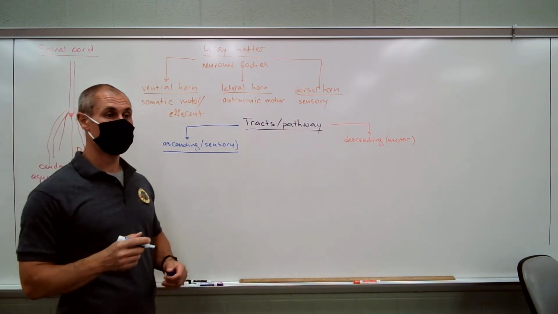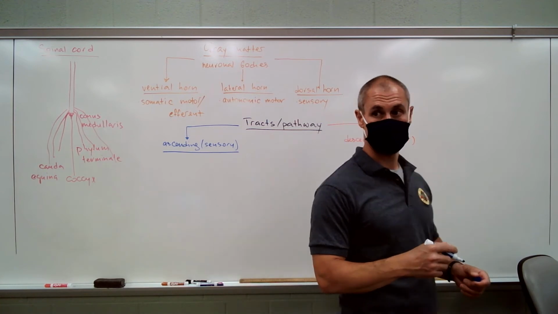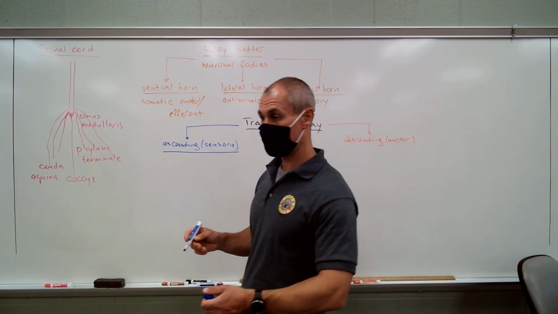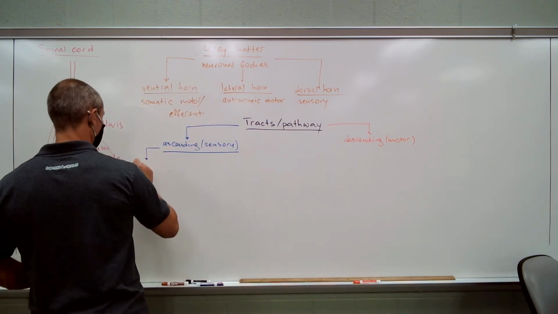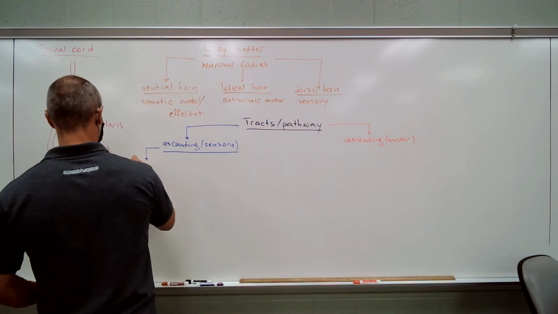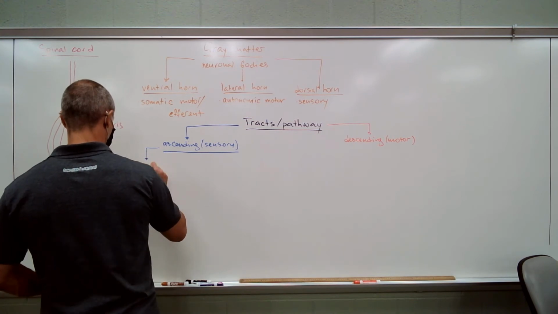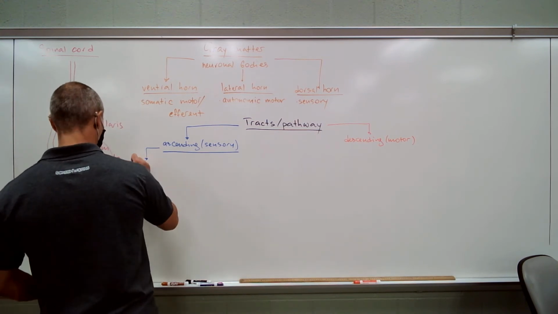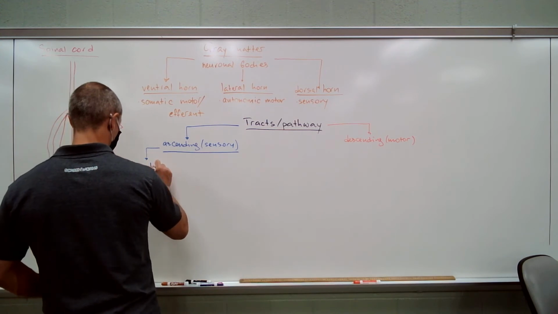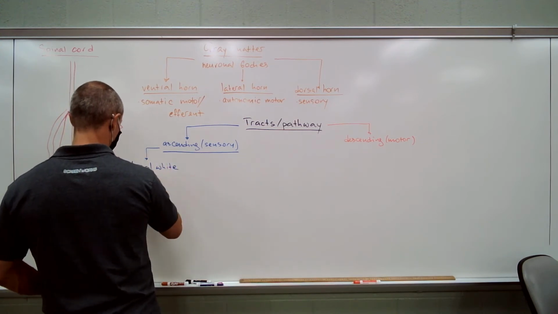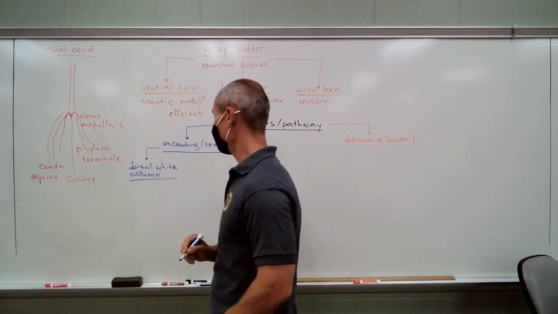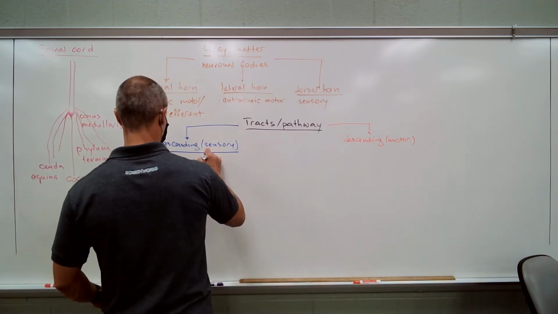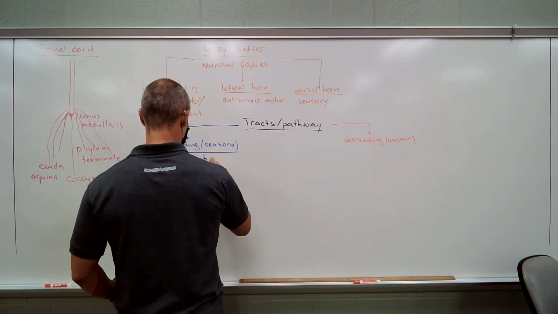There are 3 ascending tracts that you must know, and I'll explain what exactly you need to know. First of them is the dorsal white column. Another one is spinothalamic.